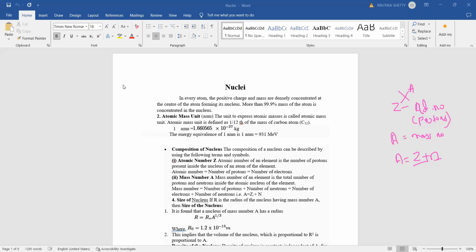Before we discuss the size of the nucleus, we will define some of the terms, like what do you mean by isotopes and what do you mean by isobars. Then we will know the size of the nucleus.